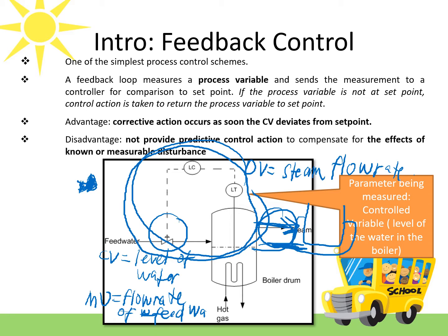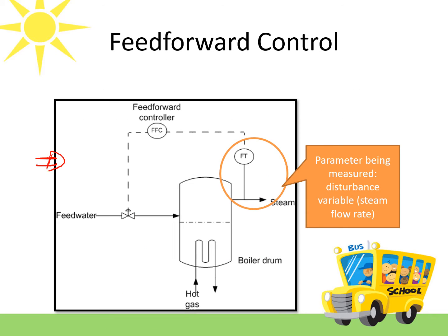So now what can you do? You can add a feed-forward control so that it can predict the effect of the steam flow rate before it disturbs the process. So this is how we add the feed-forward control, where we measure the disturbance first and then put the feed-forward controller and connect it to the final control element.